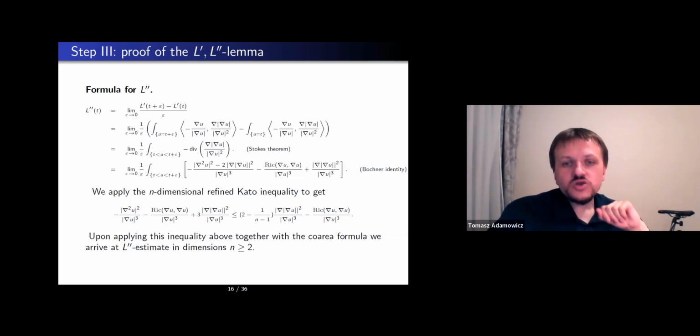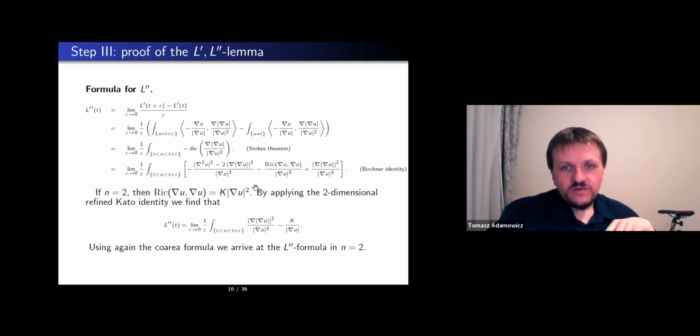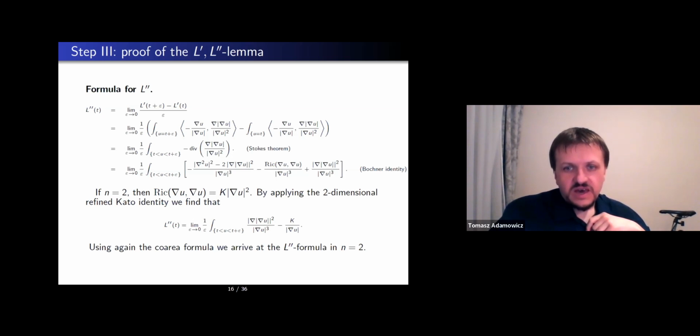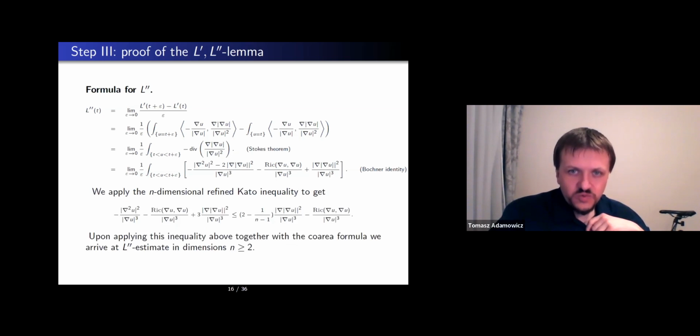So what happens when n is 2? First of all, the Ricci term becomes a square of the gradient times the Gaussian curvature, but then also the Kato inequality becomes equality, which is exactly nullifying the numerator in this expression. So we are left with those two expressions, which again, when applied, the co-area formula gives us the equation for LBs in dimension 2.